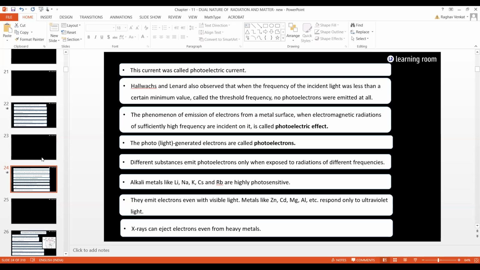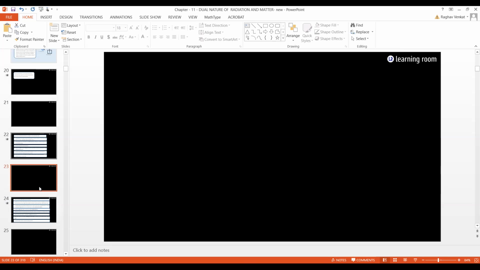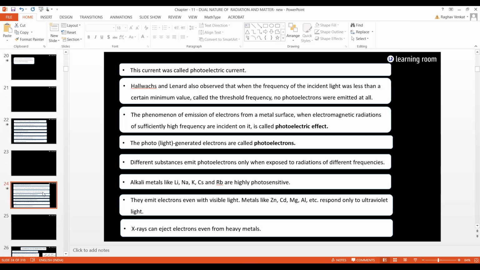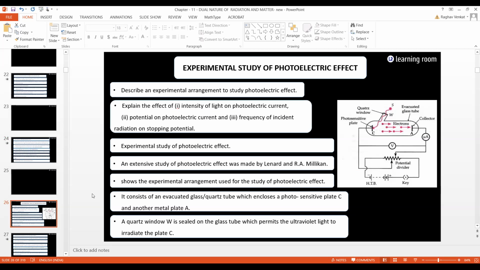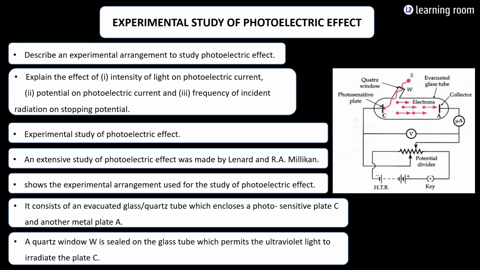So this part is going to get repeated again, so I directly step into the next concept, which will give us a clear-cut explanation of what plate C and plate A are.